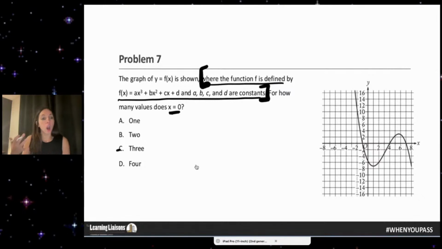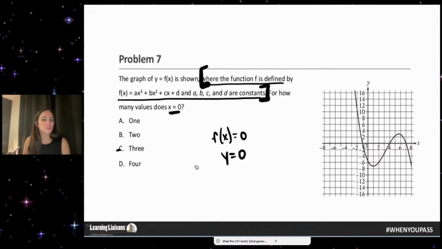Because so often we are asked for how many values does f of x equal 0, which would be y equals 0. We're asked so often, how many zeros are there? How many times does the graph cross the x-axis?